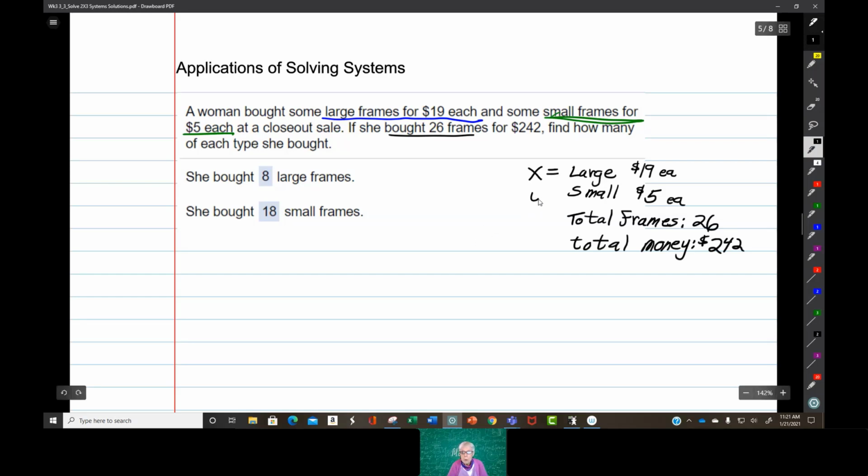And I'm going to let Y equal the number of small frames that the lady buys. And that will mean that if I add the large frames and the small frames that she buys together, that'll be 26, because it says so right there.